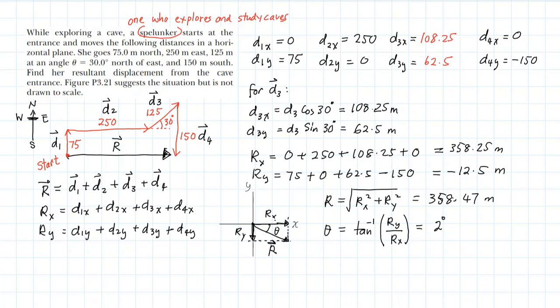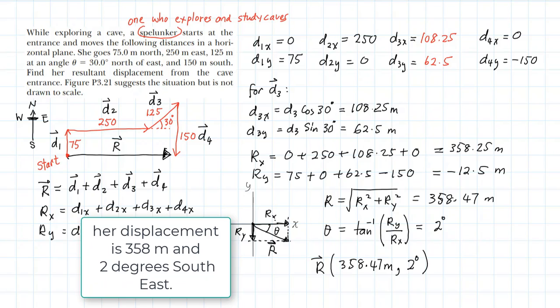Therefore, her resultant displacement is R with a magnitude of 358.47 meter, and the direction angle is 2 degrees below the x-axis. So that's the answer.